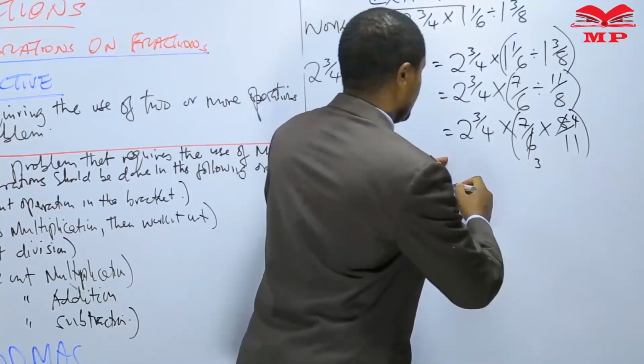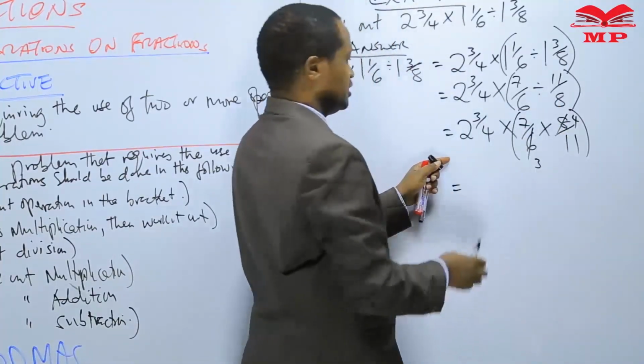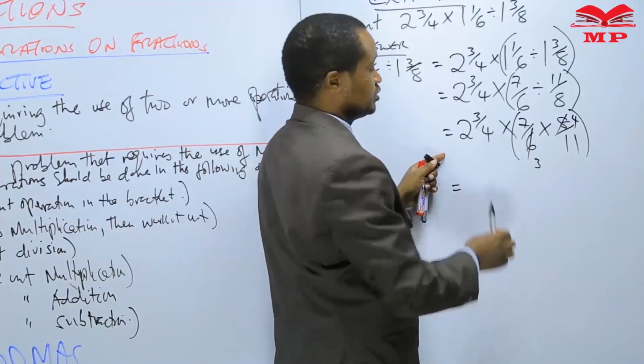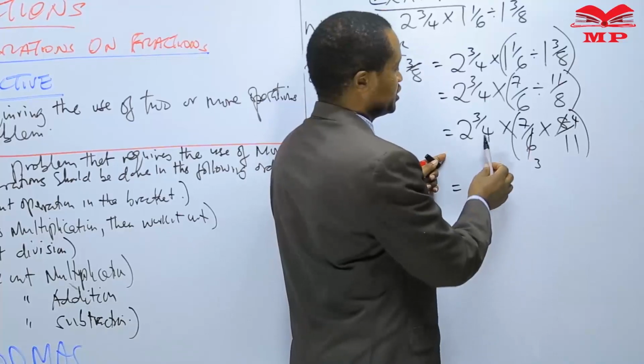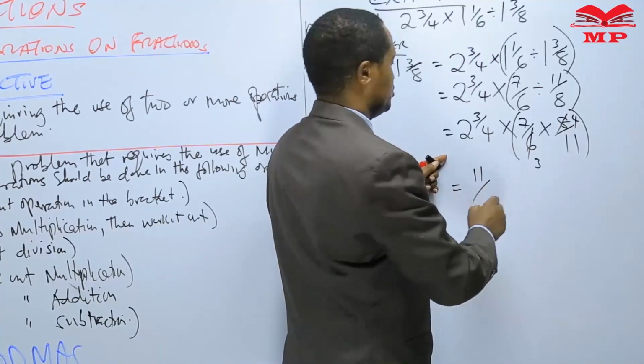So next we will multiply. After dividing, we will multiply, and in multiplying we can now convert 2 3/4 to improper fraction, which will give us 4 times 2, which is 8 plus 3, 11/4.